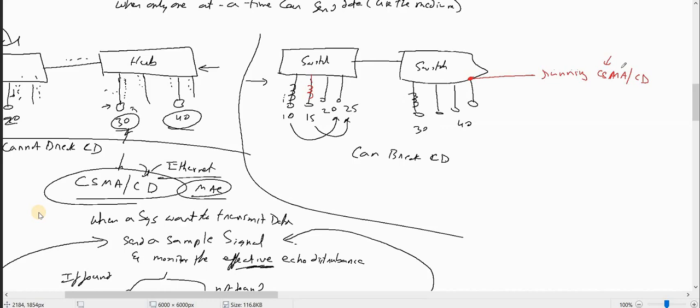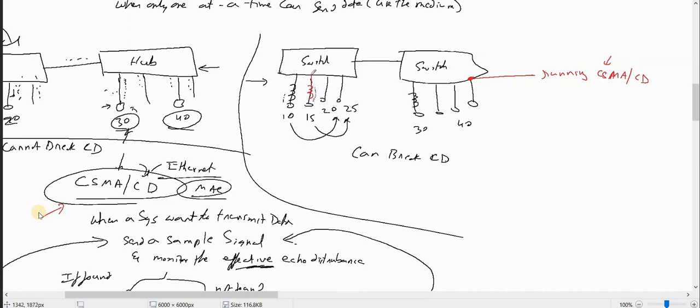Now, because of that, when a sample signal is sent, the logic does not change. CSMA/CD works exactly the same. So when 15 in this example wants to send the data, it will send a sample signal. By that time, 10 is already transmitting the data. Okay. So when 15 sends the sample signal, where will it go and terminate?